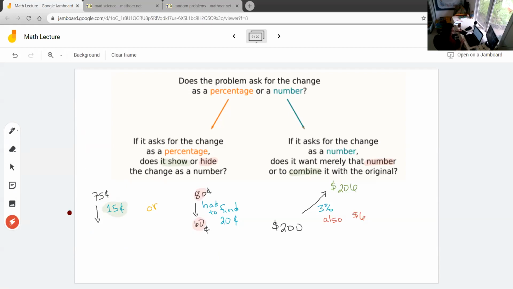Another situation is that they give you the change as a percent to start with, and they say, what is that change as a number, instead of just as a percent? And then sometimes that number is all they want, and other times we have to put it back with what we had originally.